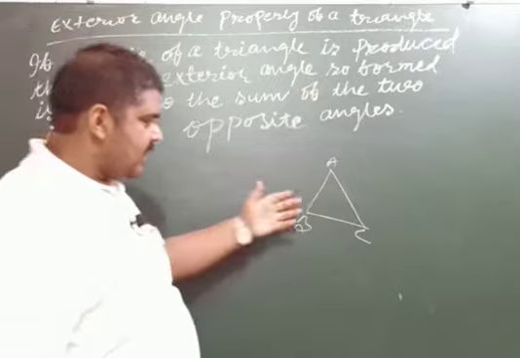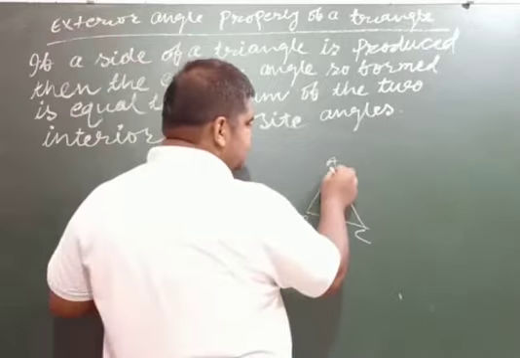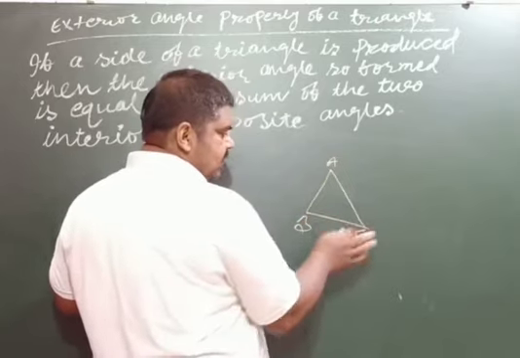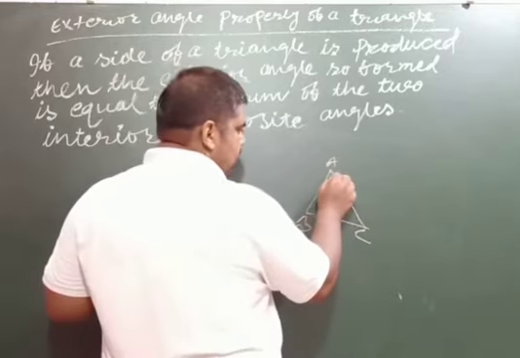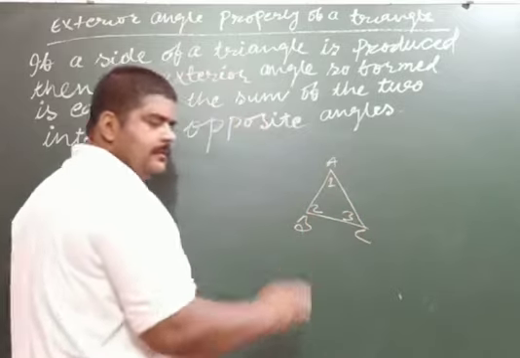Another example I have taken: triangle ABC, with angles named 1, 2 and 3.